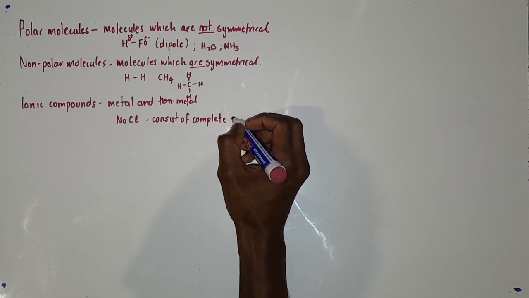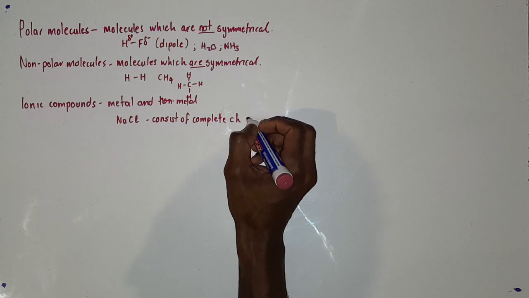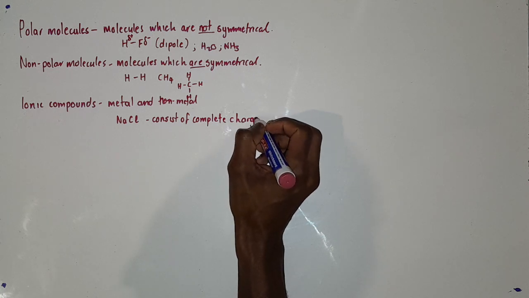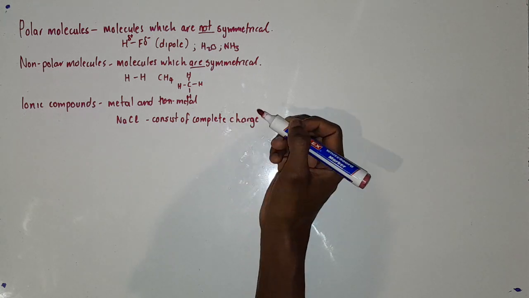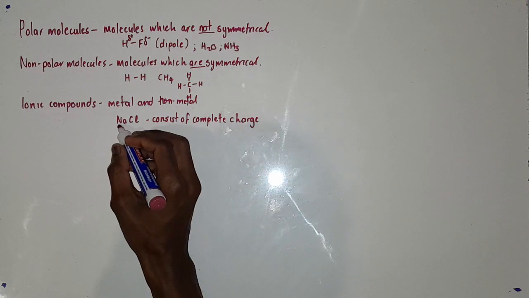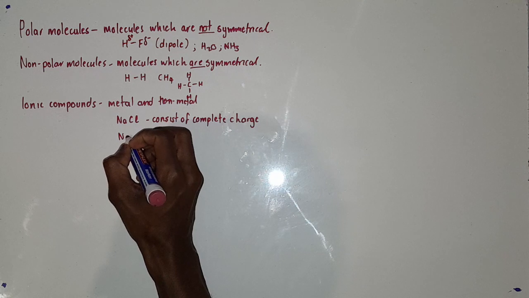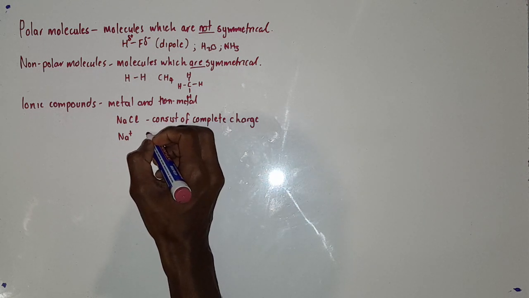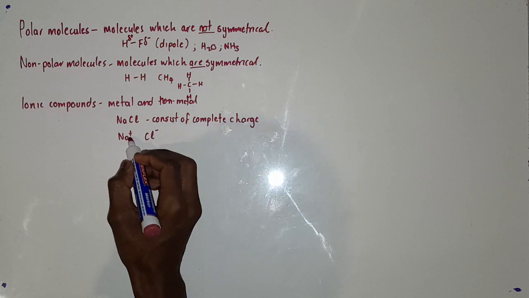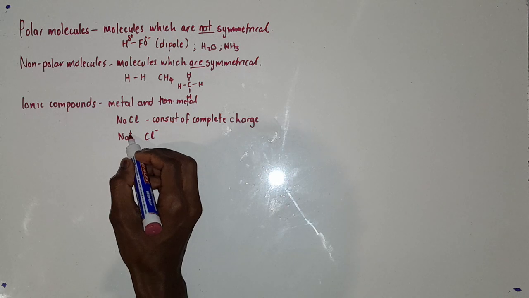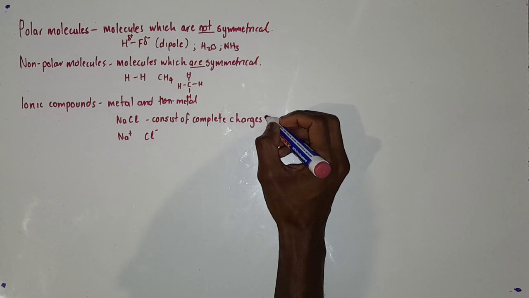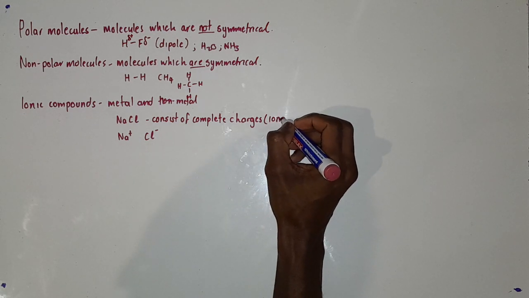Some say complete full charges, like this, meaning if these two dissociate, we can get something like this. We have full charges, and we say ions as well.